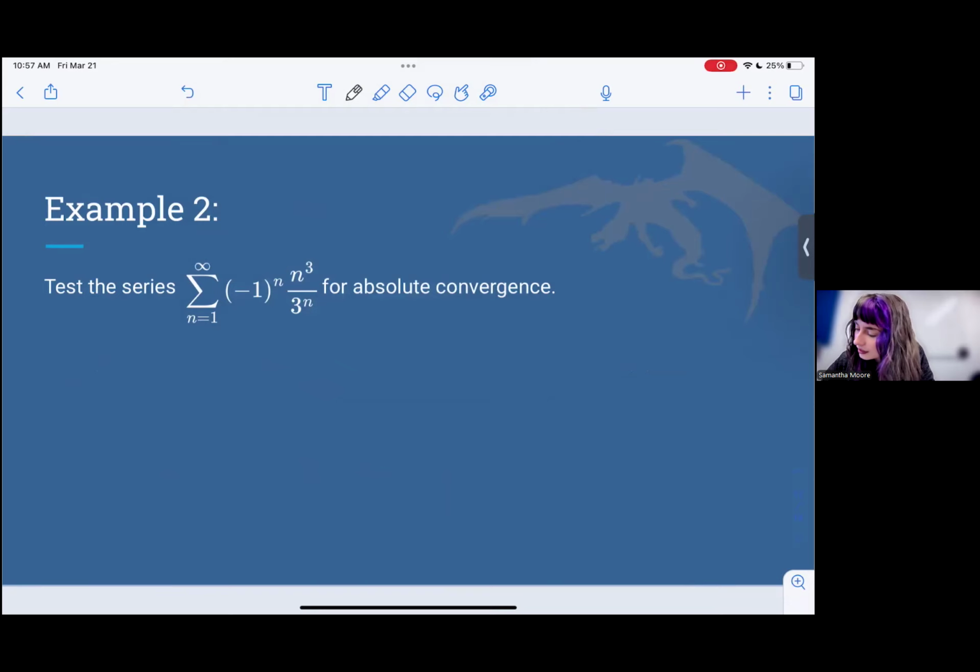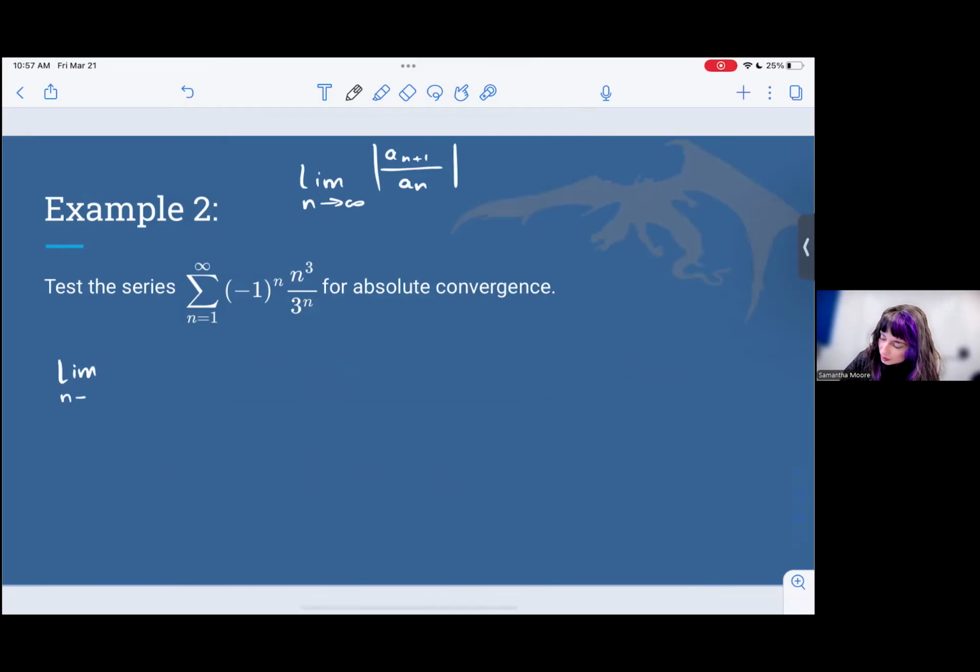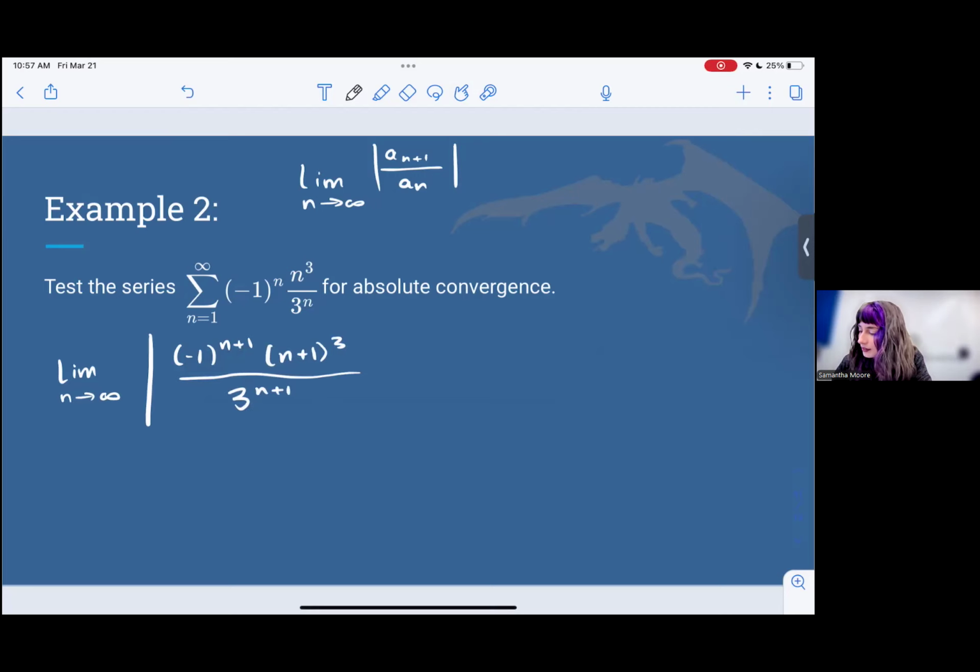All right, so the ratio test, again, asks us to do the limit as n goes to infinity of a_(n+1) over a_n in absolute value. So in this case, that's the limit as n goes to infinity of the next term, (-1)^(n+1) (n+1) cubed, divided by 3 to the n+1, divided by the a_n term, (-1)^n n cubed over 3 to the n.